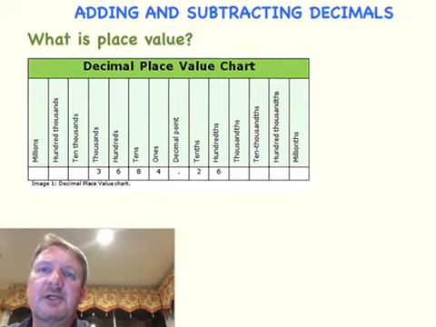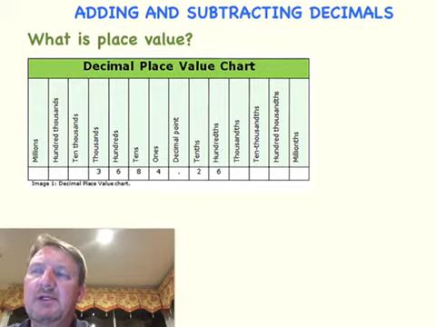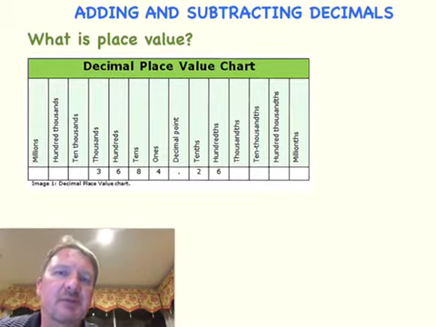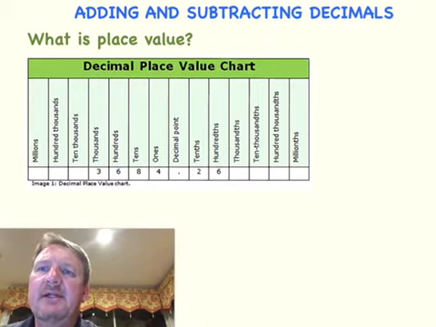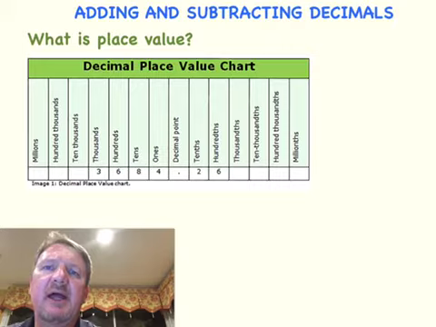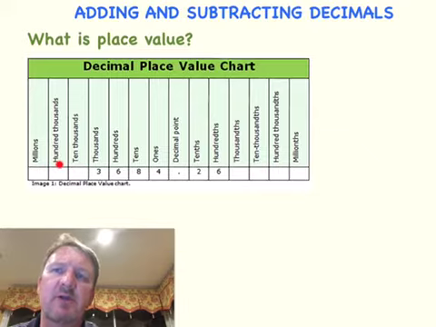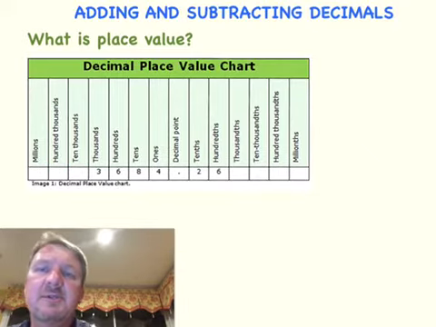So the first thing I want to talk about is what exactly place value is, because place value is very important when we're talking about adding, subtracting, multiplying, anything to do with decimals. You probably are already familiar with place value. You've dealt with the ones, the tens, the hundreds, the thousands, the 10,000s, hopefully the 100,000s, and even up to the millions.